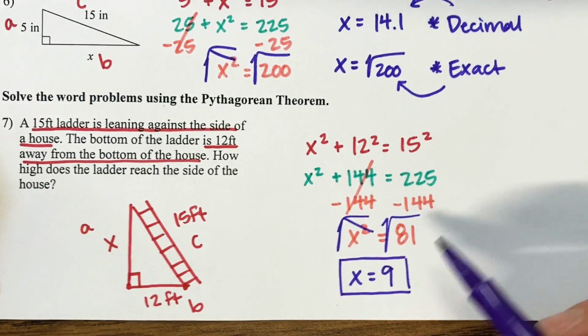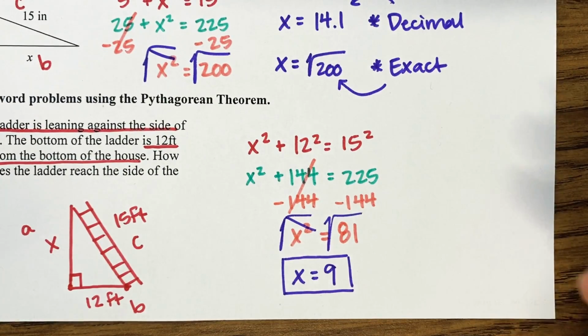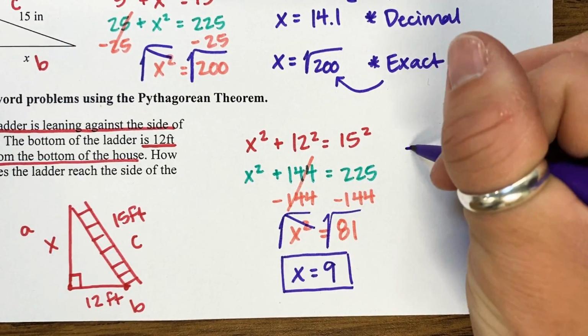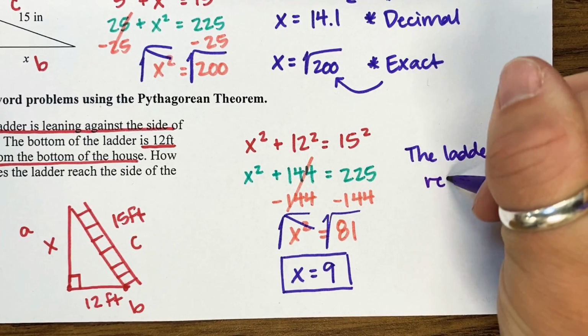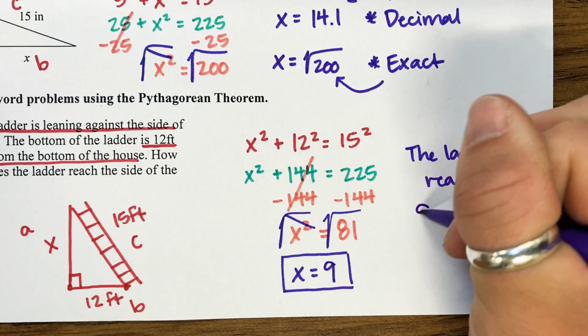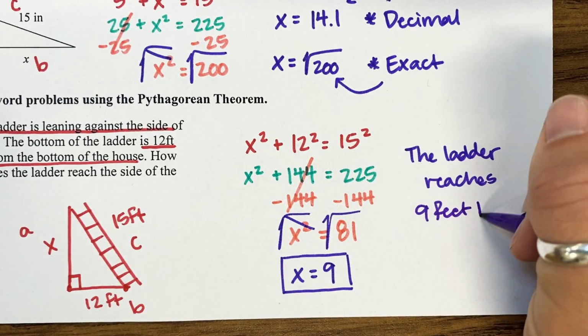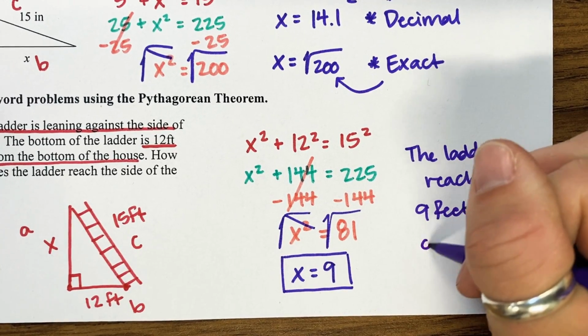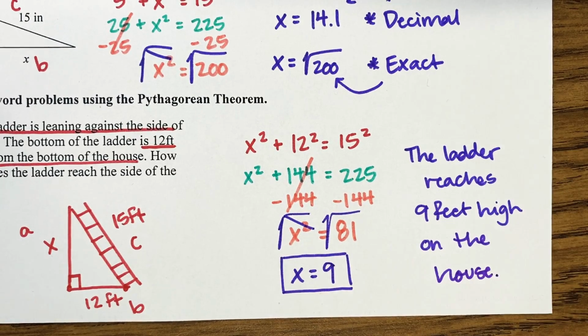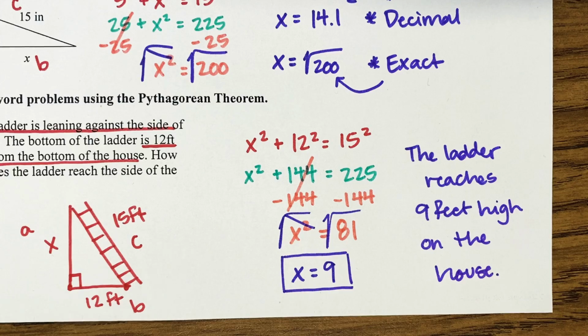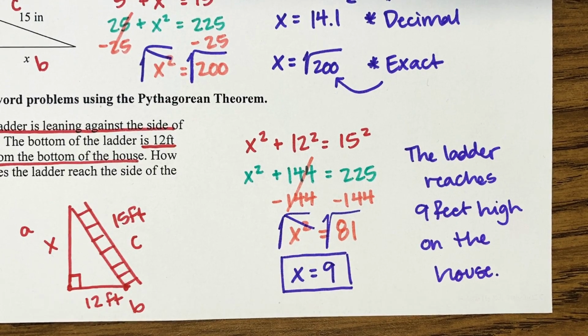Okay, so in context, if we were to answer this question with a sentence, we would say the ladder reaches 9 feet high on the house. And there we go. Okay, those are your notes for today. There is an assignment that goes with it.